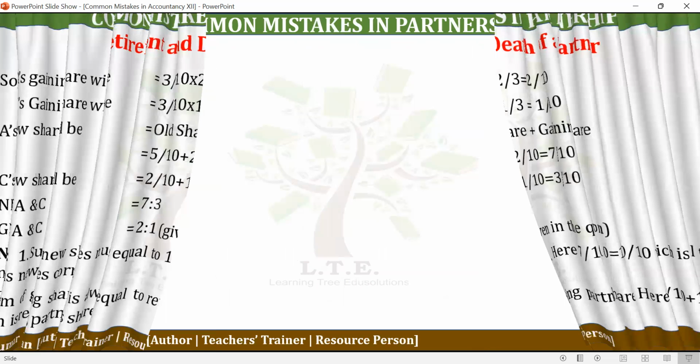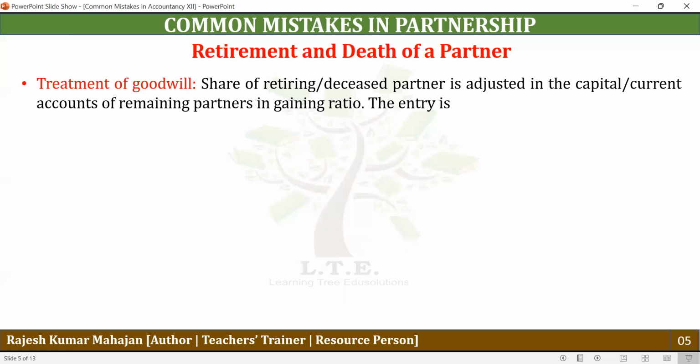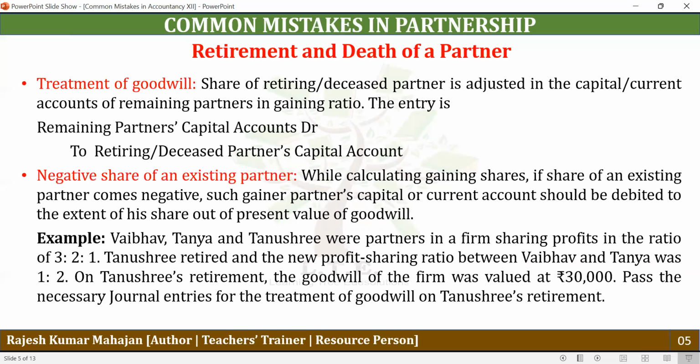Now next, treatment of goodwill. When we make a treatment for the goodwill, what do we do? Normally the entry is: remaining partners' capital or current accounts are debited, and the retiring or deceased partner's capital account is credited.